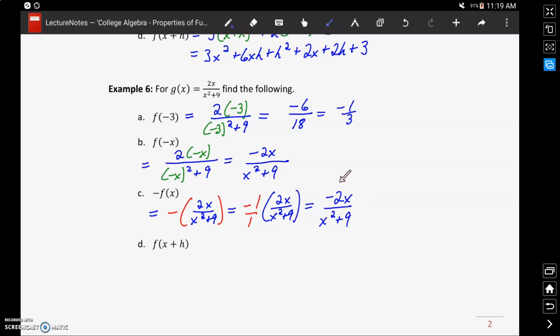In this case, in parts B and C, we came up with the exact same result, even though we were evaluating two different expressions. That's not always true, but there are, obviously in this case, examples of where that would happen. In part D, then, we're looking to evaluate this expression for x plus h, or to evaluate f of x plus h.